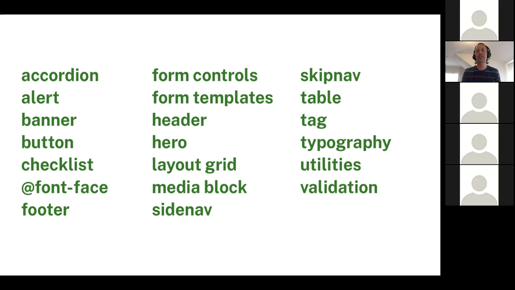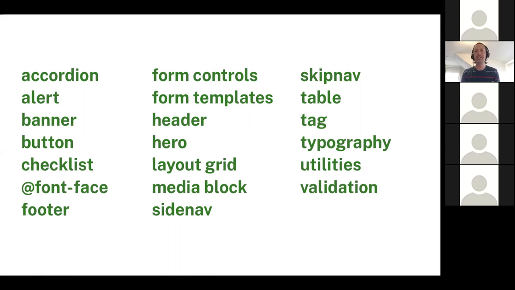Starting in 2.0, we began to experiment with this idea of packages. We didn't really write it up too much, but it was in a little bit of the documentation. It would allow you to import just the components, or maybe just the font face declarations, or just the utilities.